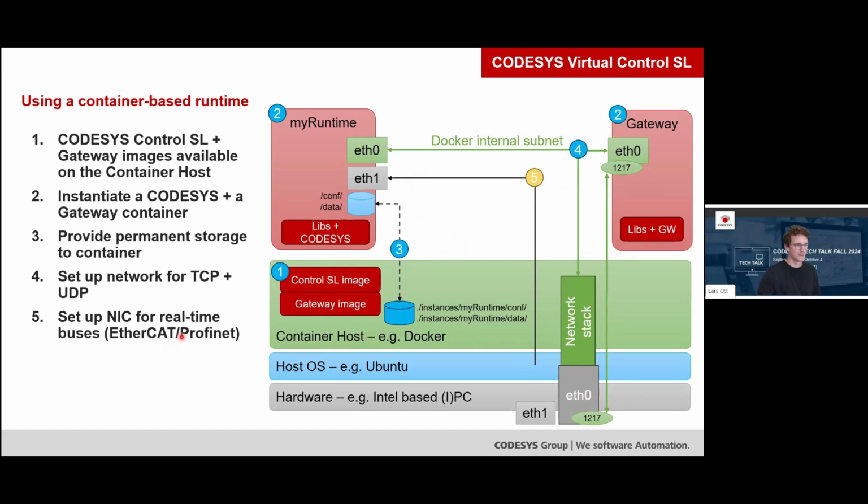And lastly, we need to set up a NIC for the real-time buses, because by default, Docker isn't really good with real-time Ethernet buses. It only knows UDP and TCP, but real-time buses like EtherCAT and Profinet use raw Ethernet frames for the high-speed, high-reliability data, and those aren't supported. So we need to physically take one of the NICs from the host and give the container full control over it.